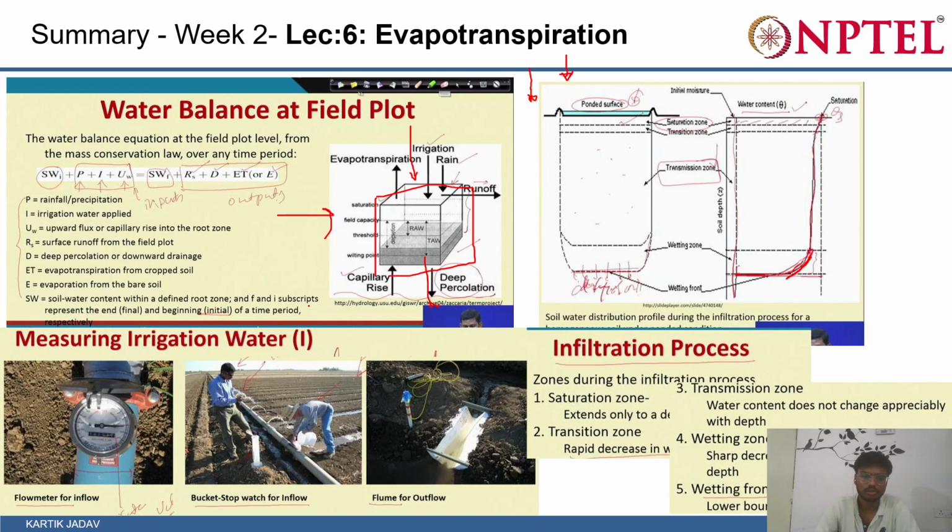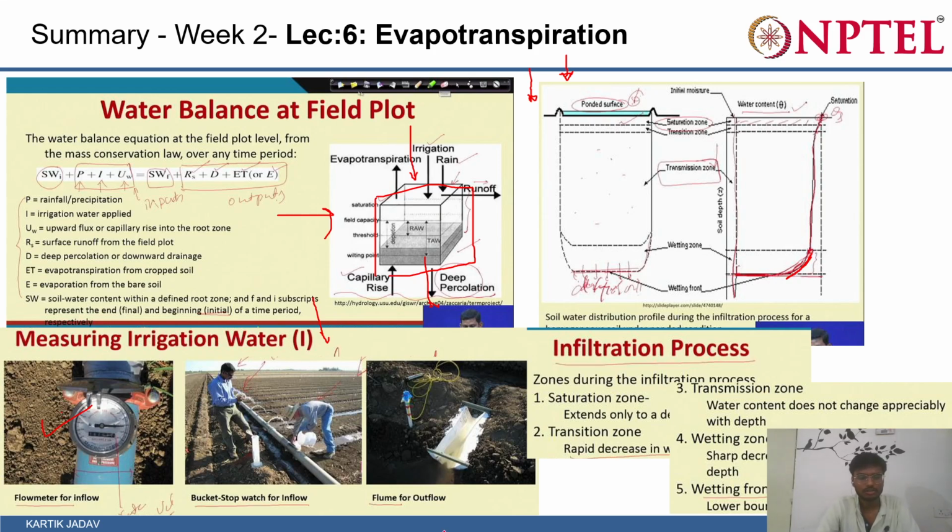Then we have also learned about measuring irrigation water. There are various kinds of measurement structures or certain instruments we generally use. For example, the flow meter that we generally use in the field.